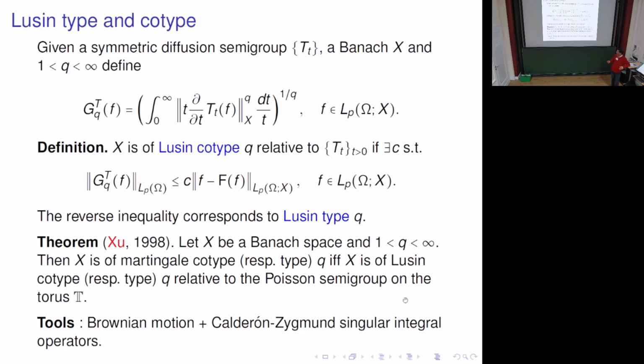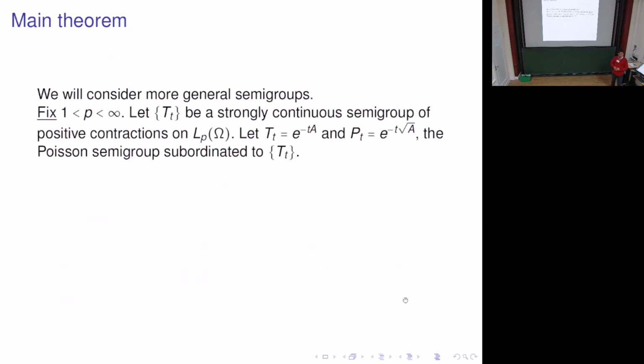Okay, in the more general case. This is a very classical case. In the semigroup theory, we have many semigroups which don't act on L^p for all p between 1 and infinity.